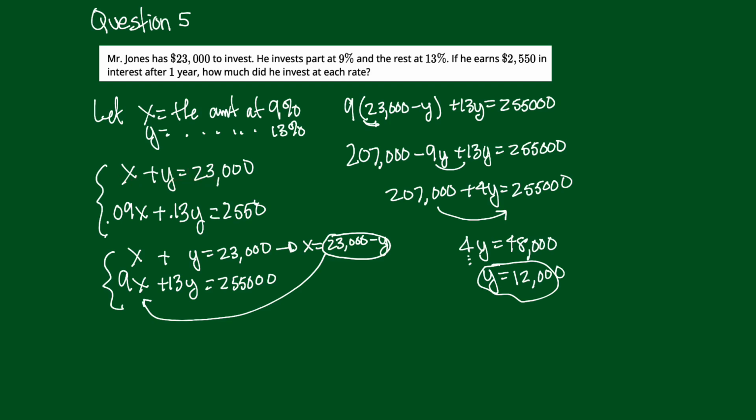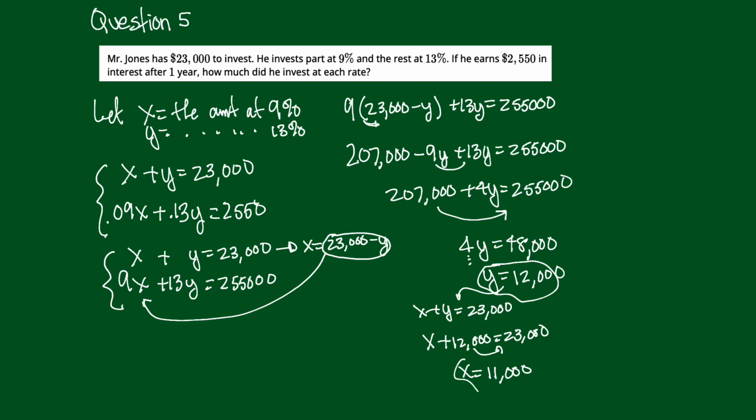Now I know y, right? Y is 12,000. So x plus 12,000 equals 23,000. Let's subtract. So x is equal to, what are we going to get here? 11, and 3 zeros.